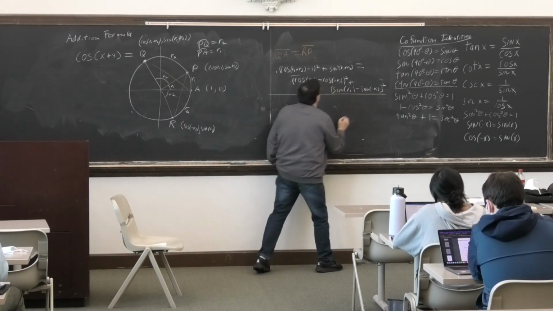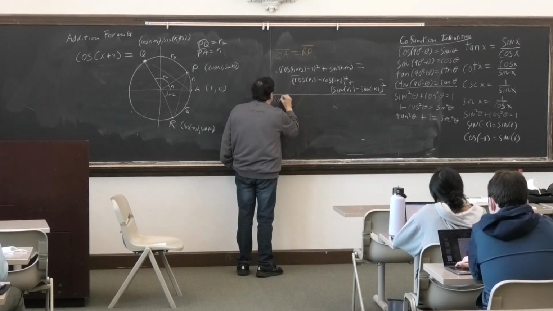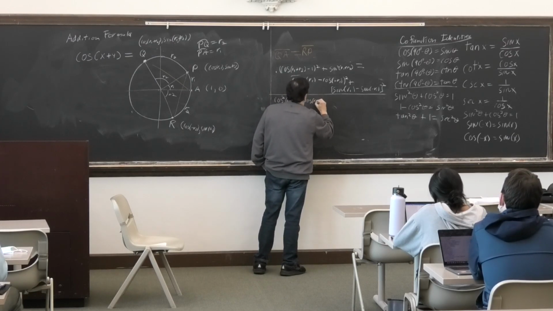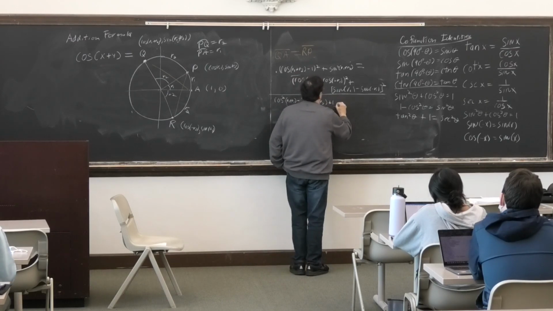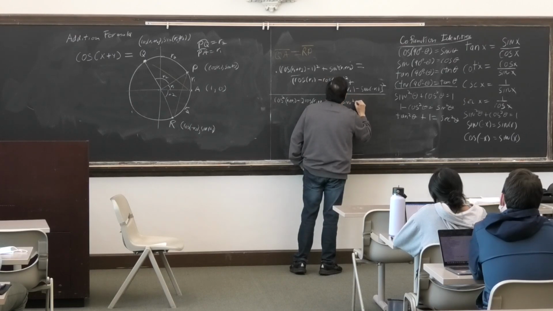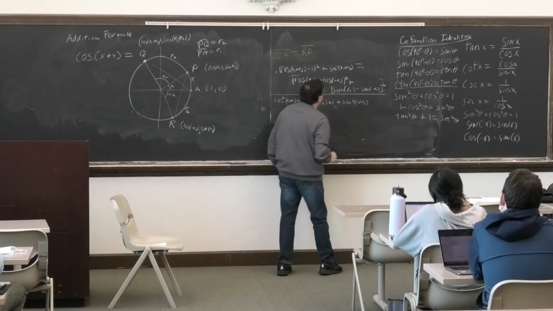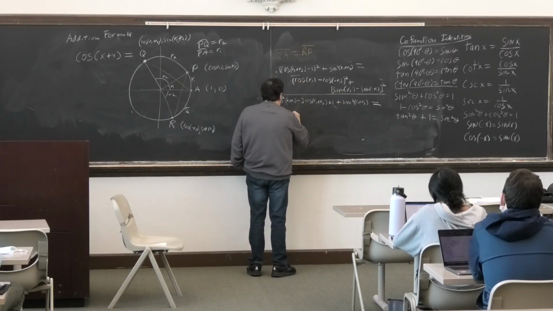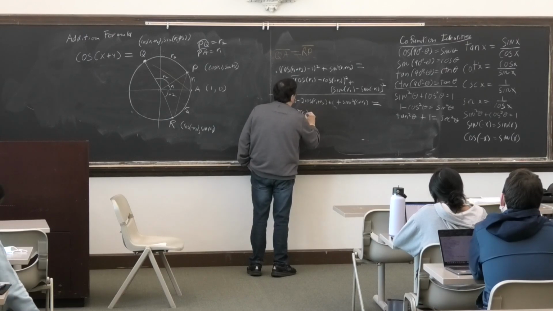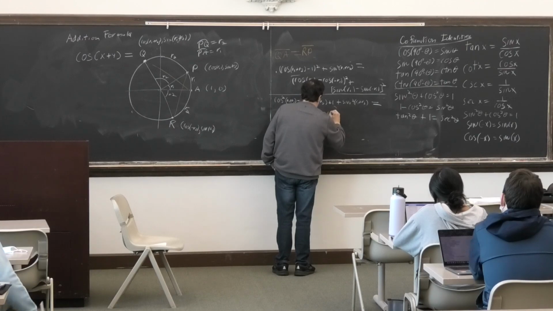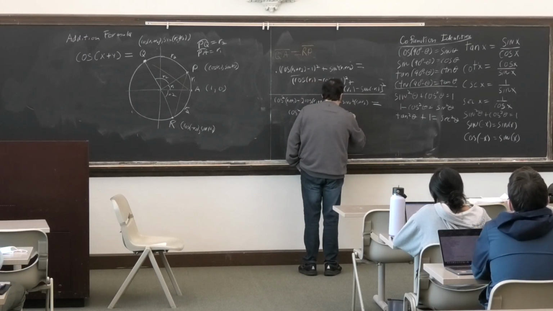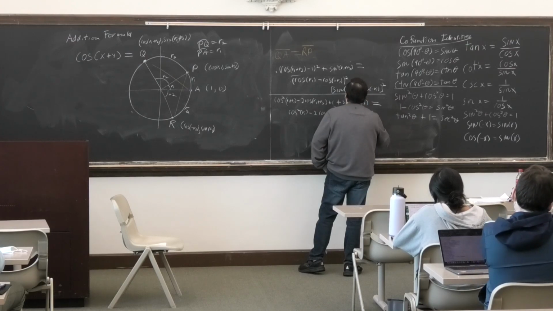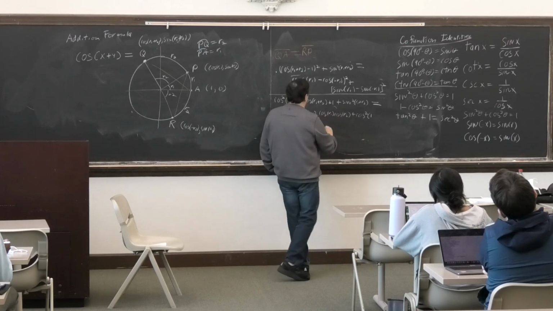All right. So what do I have here? I have cosine squared r1 plus r2 minus 2 cosine r1 plus r2 plus 1 plus sine squared r1 plus r2 equals, and then from this line, it's going to be cosine squared r1 minus 2 cosine r1 cosine r2 plus cosine squared, wait a minute.